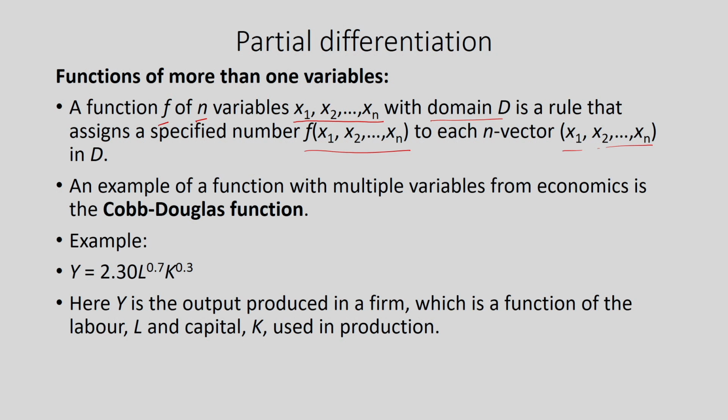So, to fix our ideas, I start with an example. An example of a function with multiple variables from economics is the Cobb-Douglas function. Okay. So, this is a very well known form of function in economics, often used. This is called Cobb-Douglas function, and here we are dealing with a particular Cobb-Douglas function.